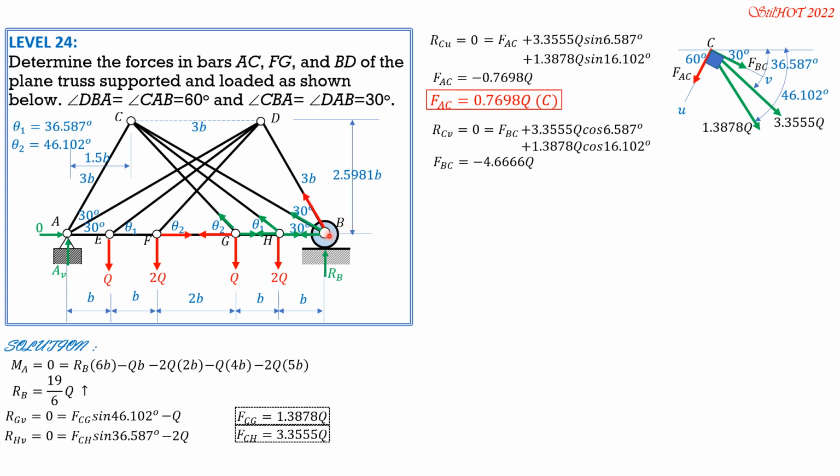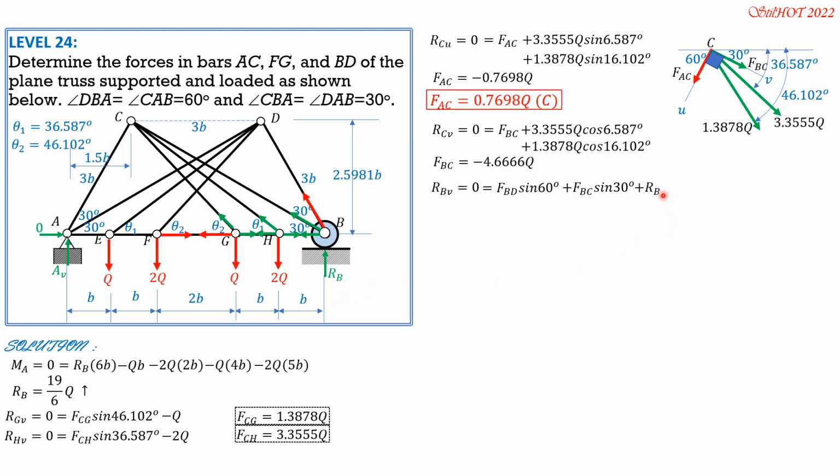Then we proceed to joint B. These are the forces. And take note that this is FBC, which is known. This is FBD, which is unknown. So the equation is simply summation forces vertical equals 0 at B. So FBD sine of 60, the vertical component of FBD, plus the vertical component of FBC, plus FBC sine of 30, then plus RB.